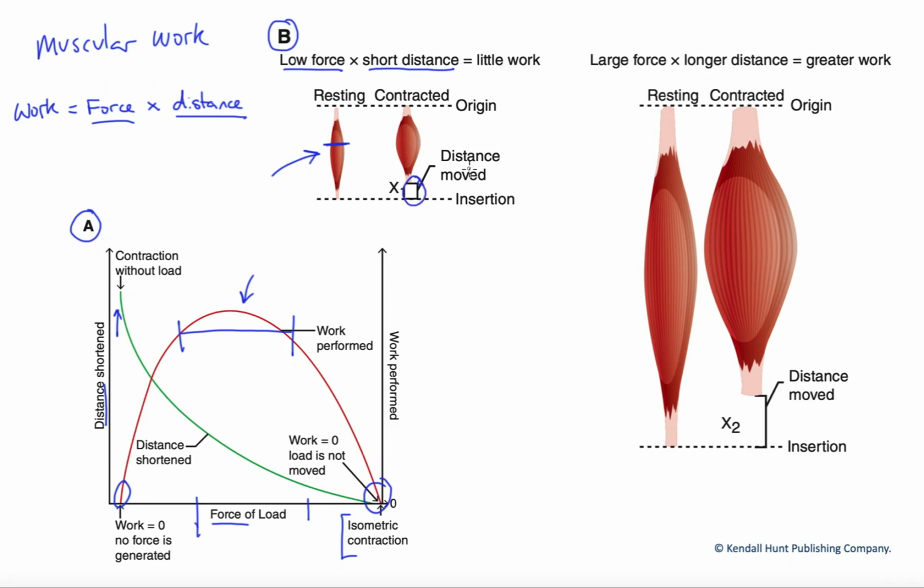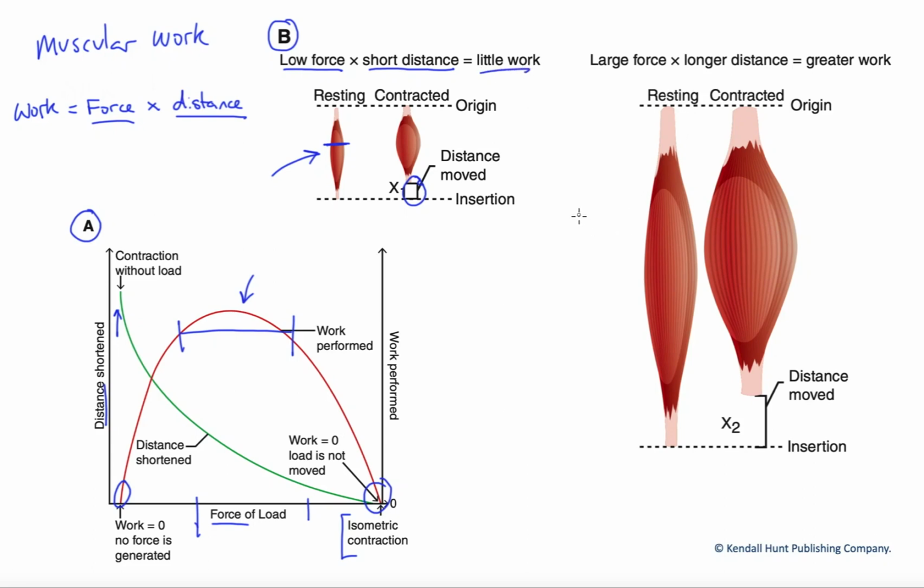The reason for that is that a small muscle does not have as many sarcomeres in line as a large muscle does within its myofibrils. And remember, each individual sarcomere contributes a certain amount of shortening to the overall muscle. So a shorter muscle has fewer sarcomeres in series, in line, and therefore shortens a smaller distance and generates little work.